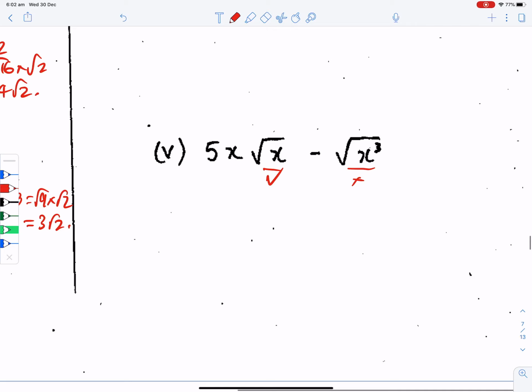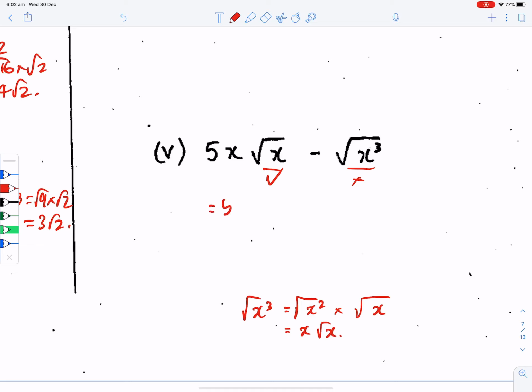So root x cubed can be rewritten as root x squared times root x. And root x squared is x, so that's x root x. So now we have 5x root x minus x root x.